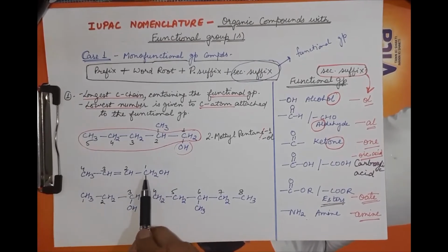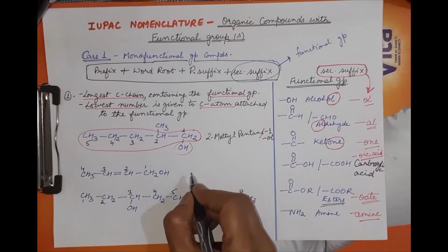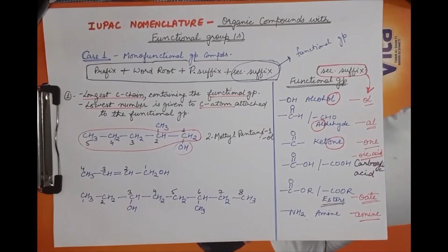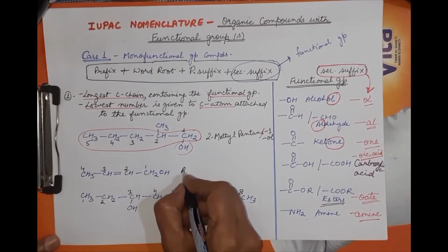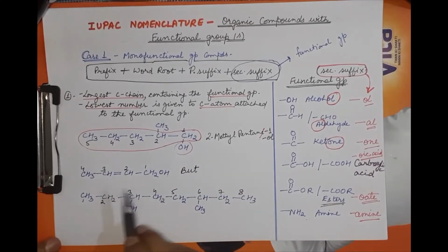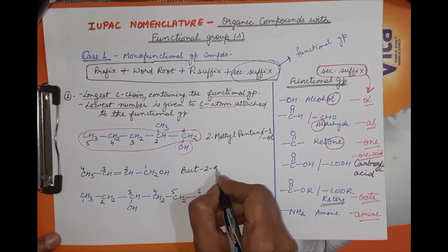So this is 1, 2, 3, 4. So what will be the name? Because no substituent is there here, there is no prefix. A 4 carbon chain is there, so we can write but, and then the position of the double bond, but-2-ene.